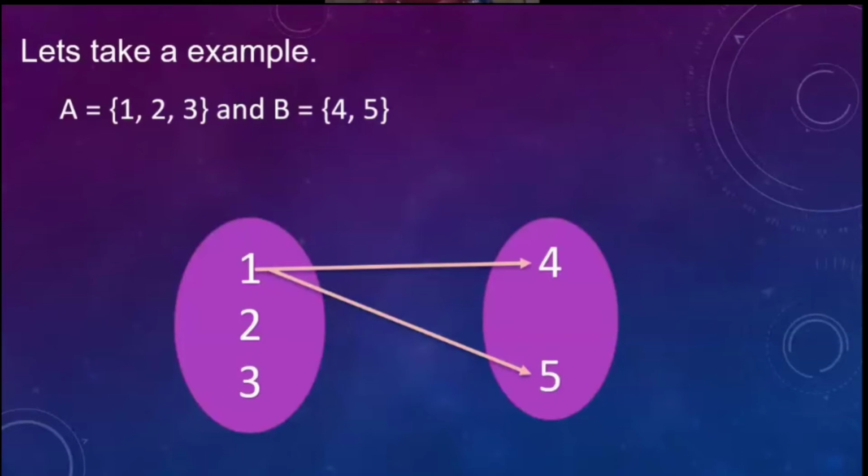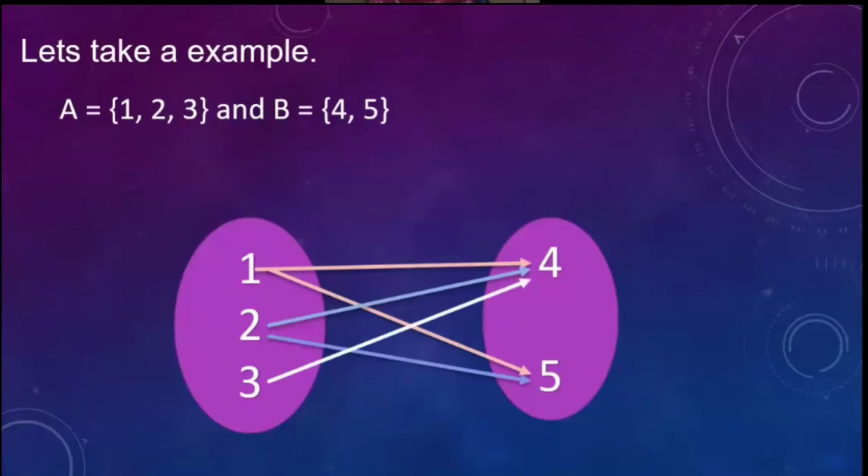Now take the second element from set A, that is 2, and multiply it with the first element of set B, that is 4. So 2 and 4 are separated by a comma and kept in one bracket. That is another ordered pair. In the same way, (2, 5), then (3, 4), then (3, 5).